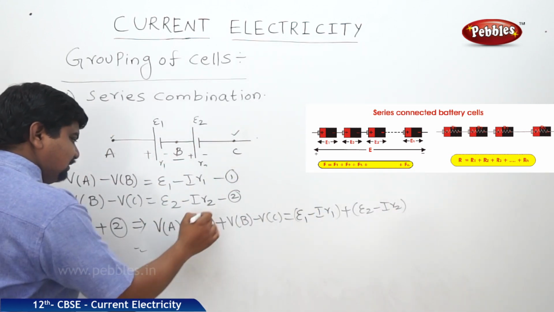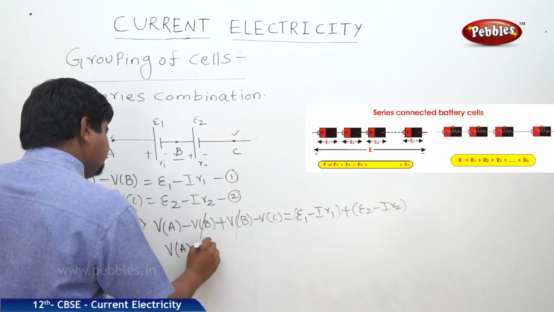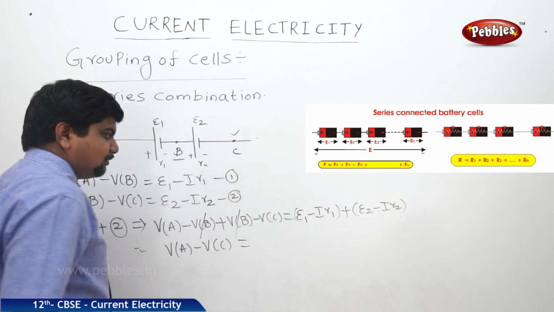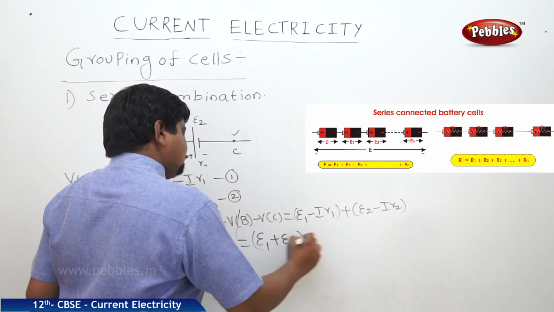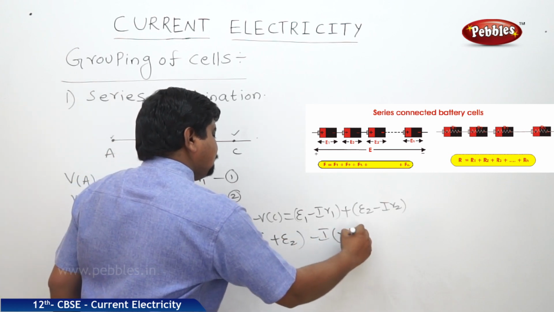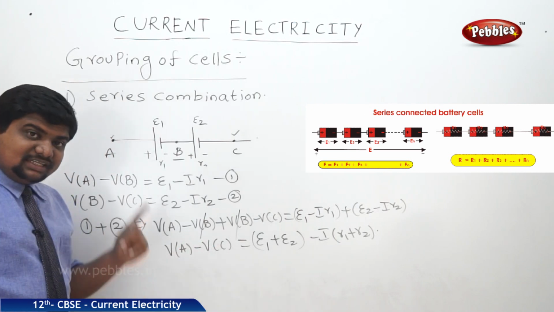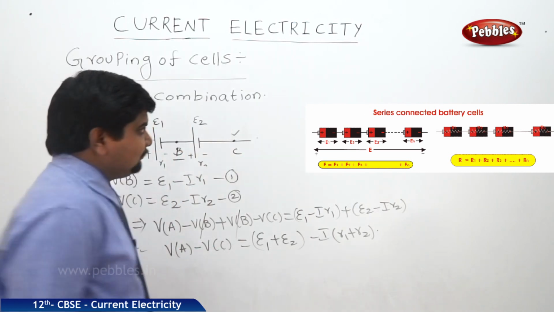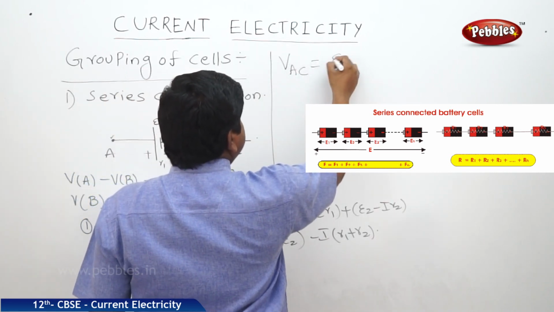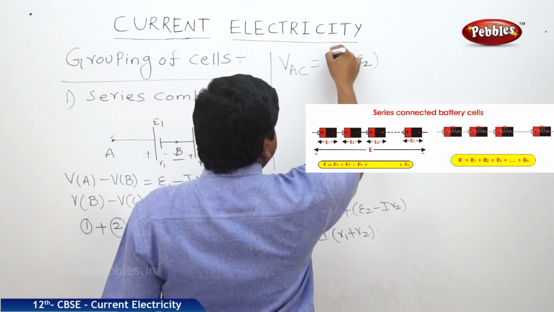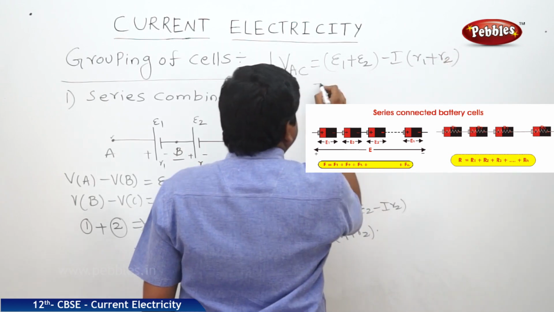Now minus VB plus VB get cancelled out. This is VA minus VC is equal to E1 plus E2 minus I into R1 plus R2. What is VA minus VC? Nothing but the potential difference between the terminals A and C. Therefore, VAC is equal to E1 plus E2 minus I into R1 plus R2.